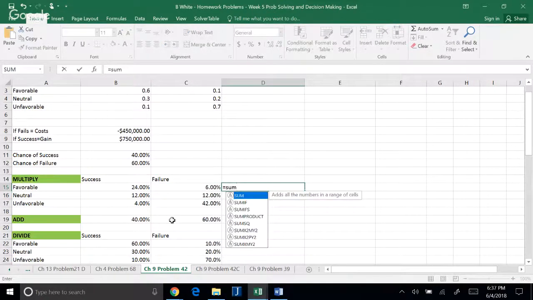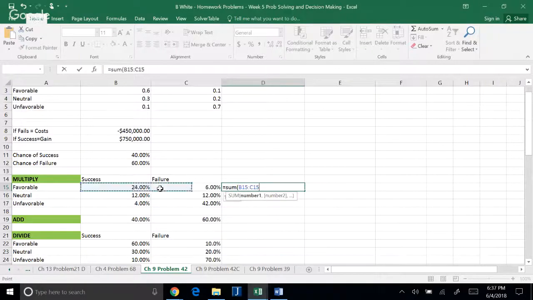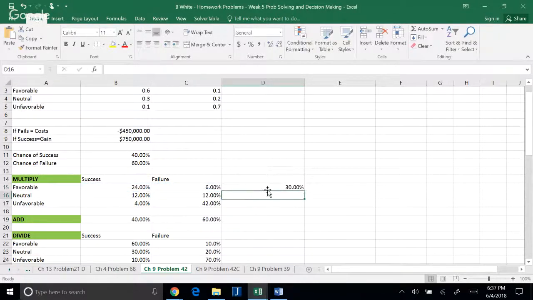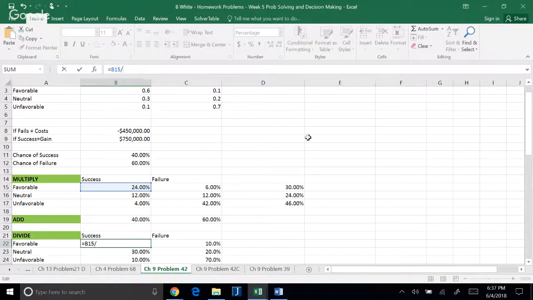So your add should actually be this way in how this is set up. And then over here, what we would divide by would be favorable. That is now 80%. Now that's correct.